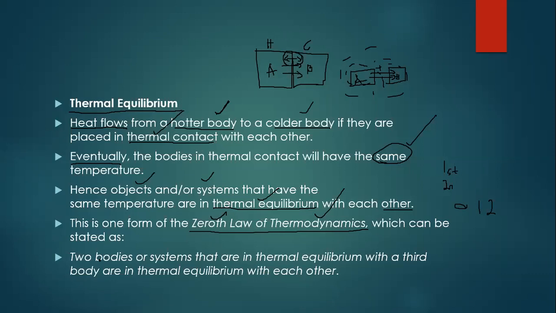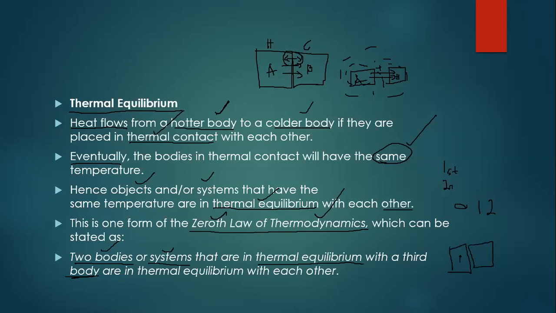This is what the zeroth law of thermodynamics says. If two bodies or systems are in thermal equilibrium with a third body, then you have one body in equilibrium with another body.